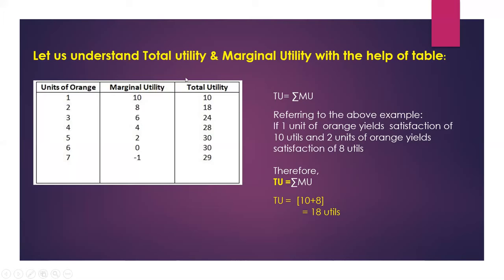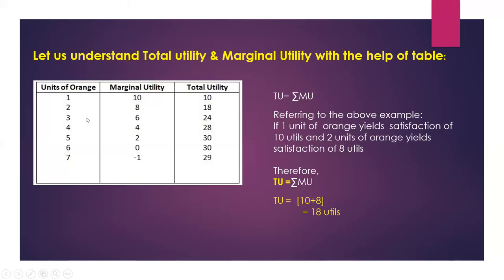Suppose for just two units of orange, 1 unit gives you a satisfaction of 10 utils, and the second unit gives you a marginal utility of 8 utils. In that case, the total utility by consuming 2 units of oranges is 10 plus 8, we get 18 utils.